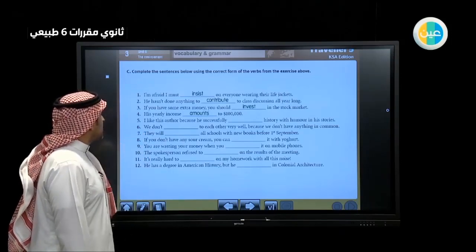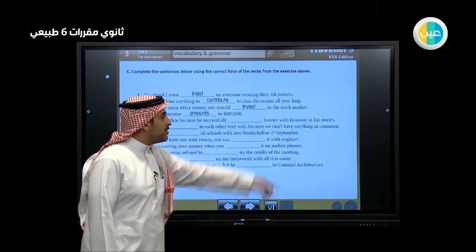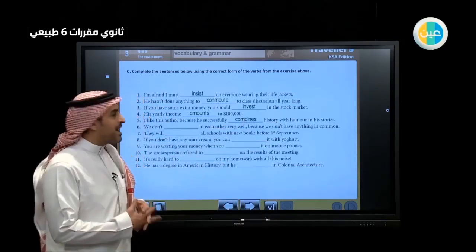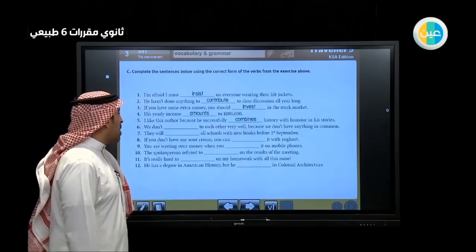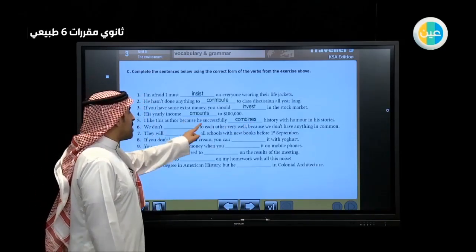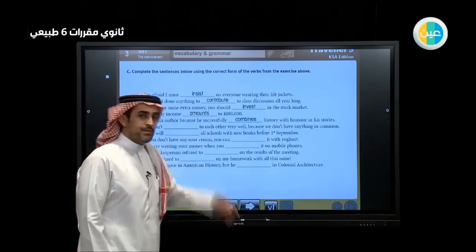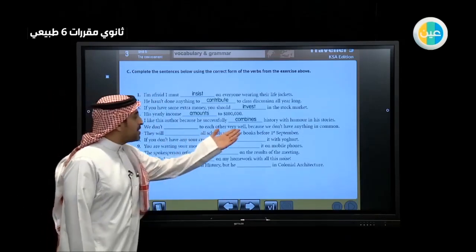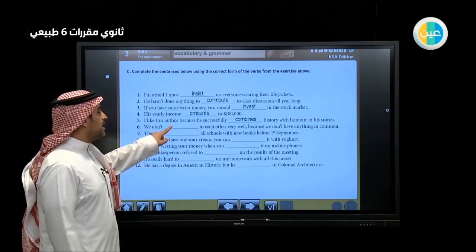I like this author because he successfully combines history with humor in his stories. So he successfully combines. Look here, we use s after the verb because we are talking about someone in the present. He, in the present, we must put s after the verb. We don't relate to each other very well, because we don't have anything in common.